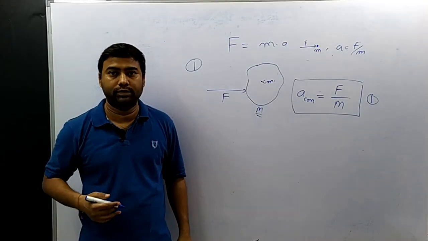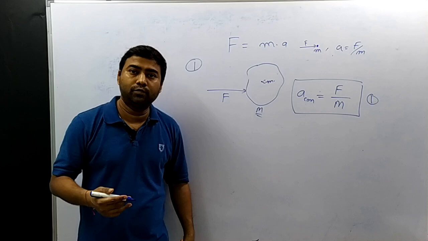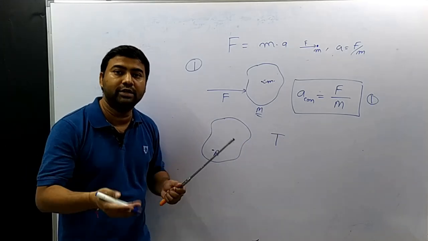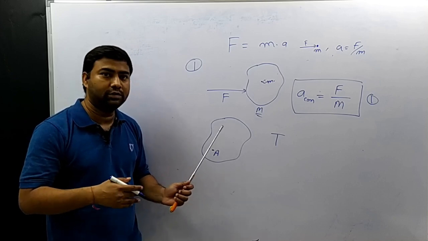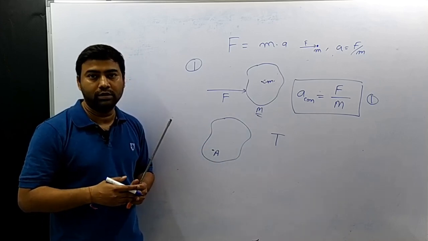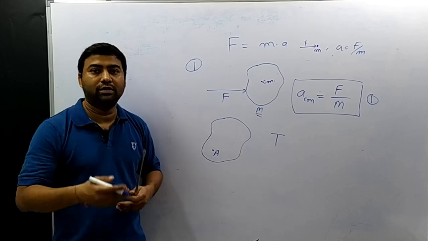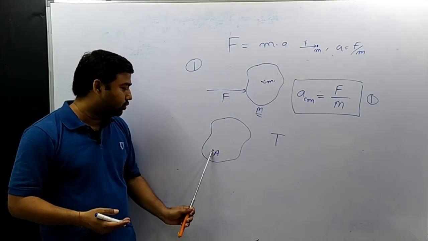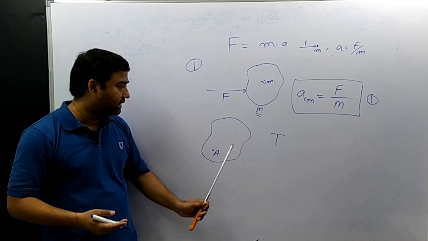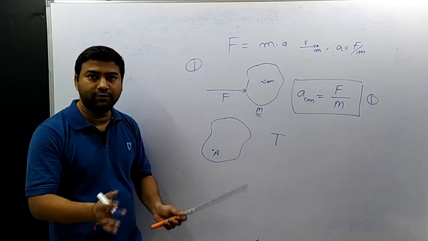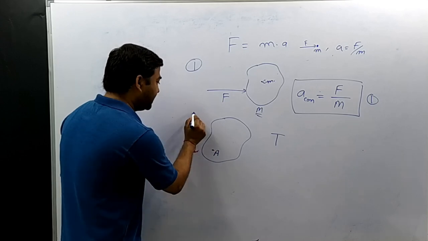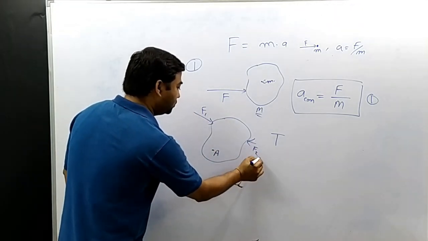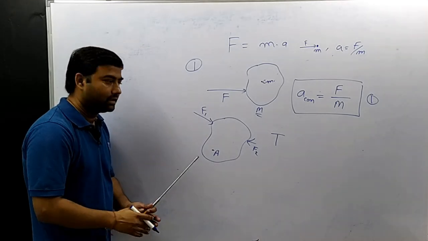Now Euler's second law of motion. Euler's second law of motion is about rotation. The first law of motion is for linear motion. The second law is analogous to the first law, but it is for rotational motion. For a rigid body, about point A, there are many forces F1, F2, F3, etc. acting.